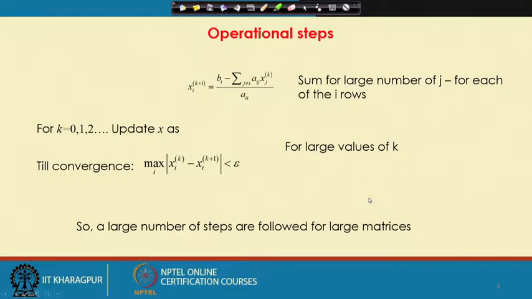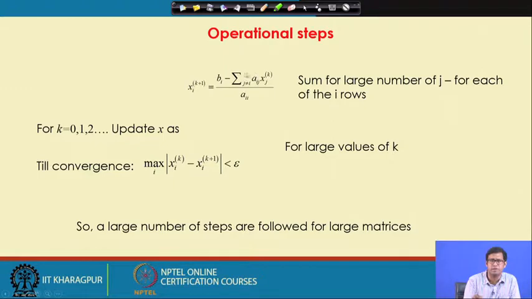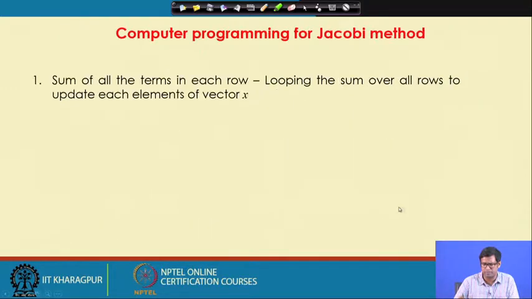So, for large values of k, this has to be operated. Large numbers of steps are to be followed for large matrices, both in the multiplication to find xi k plus 1, as well as looping this operation over a number of iterations till we get a high value of k, so that the solution converges.